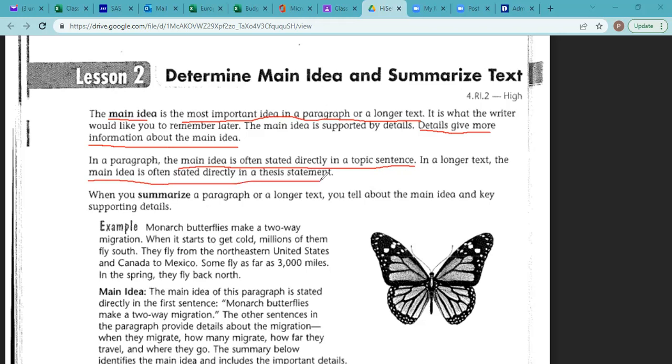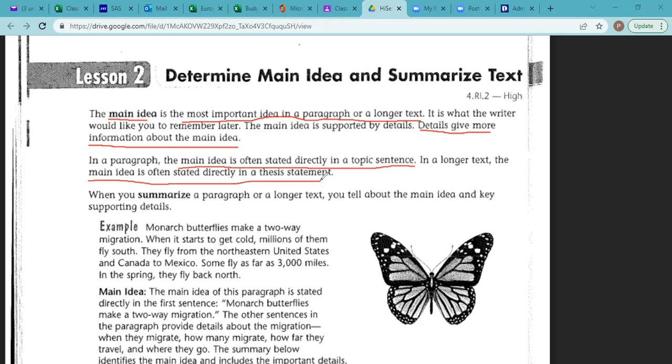There's always going to be the time where the main idea is stated, where you actually physically see that one kind of Goldilocks perfect sentence, and that one sentence wraps up everything that you need to know about what you're going to read inside of that paragraph.